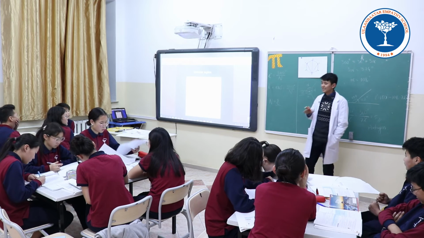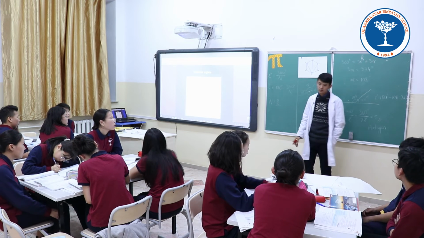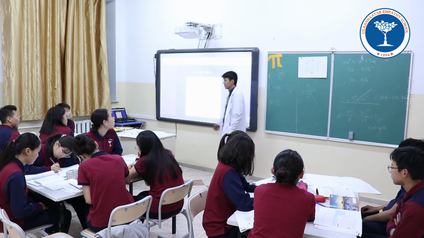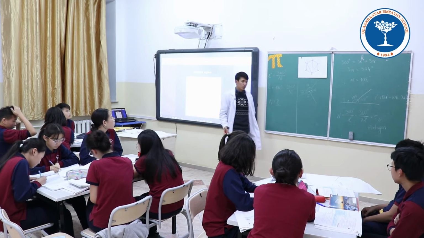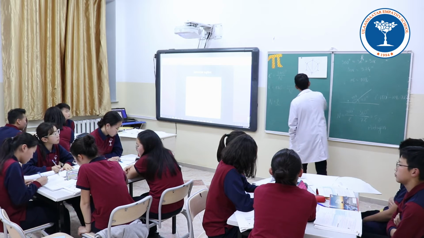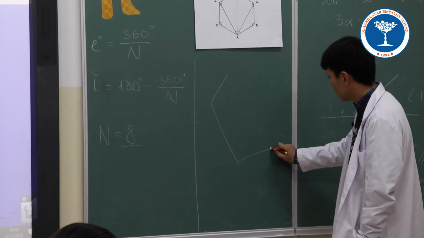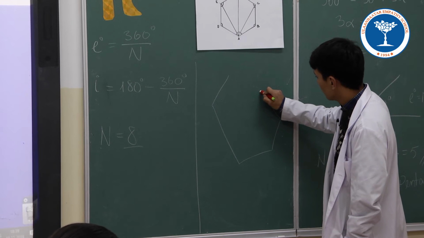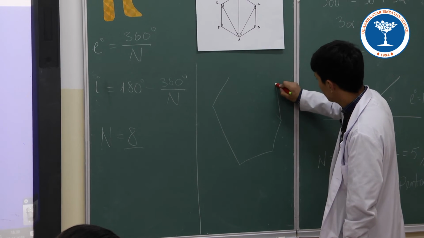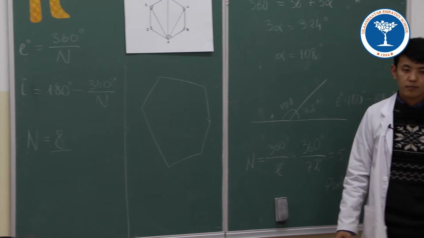But what if we have an irregular polygon? Irregular means the sides are not equal, okay? For example, this is an irregular polygon, okay?